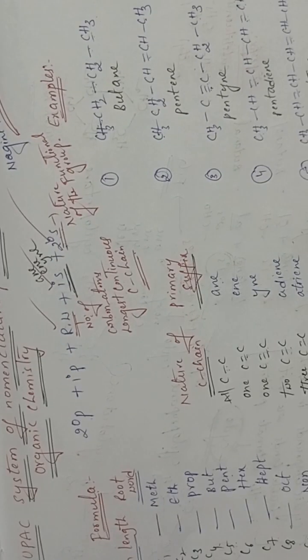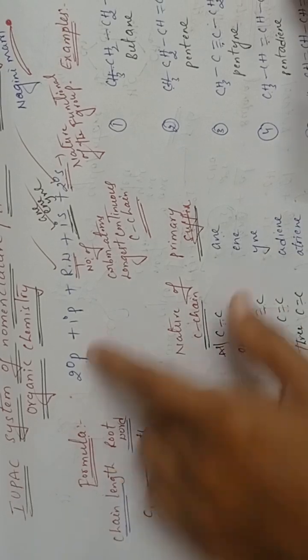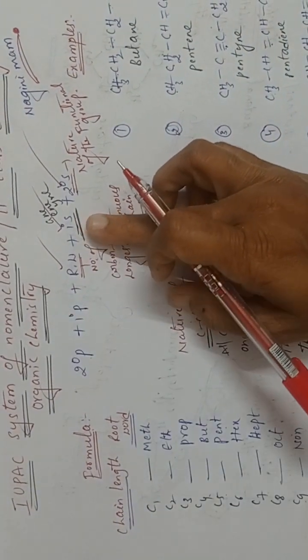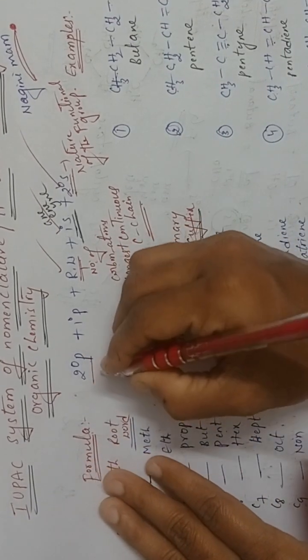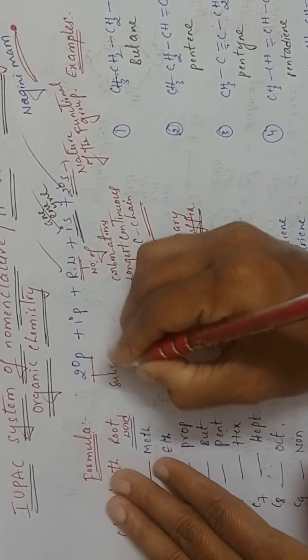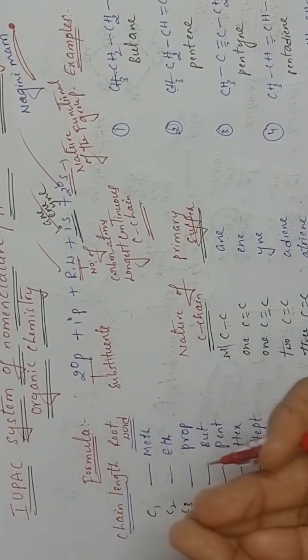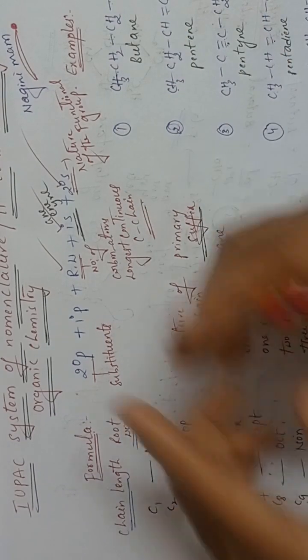So this is the formula, students. Finally we can say the formula: secondary prefix, primary prefix, root word, primary suffix, secondary suffix. Secondary prefix indicates substituents. Clear? Methyl, ethyl and other groups, substituents, side chains.